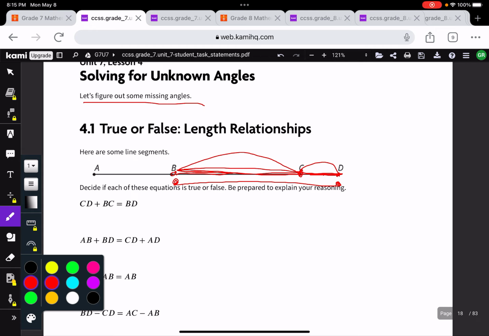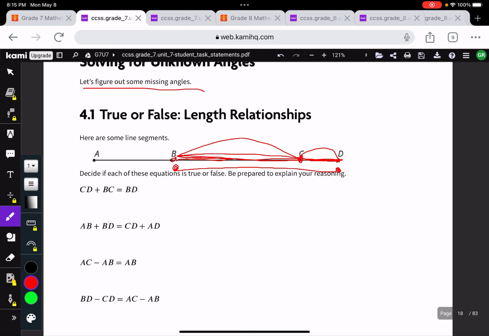Be prepared to explain your reasoning. What could we say? Sounds too obvious, but sometimes explaining the obvious is good training for explaining the not so obvious. But we could say the distance of BC plus CD equals the same distance as BD, something along those lines.